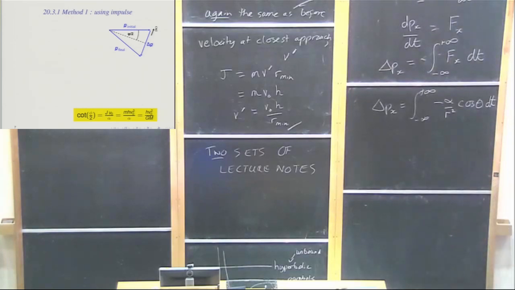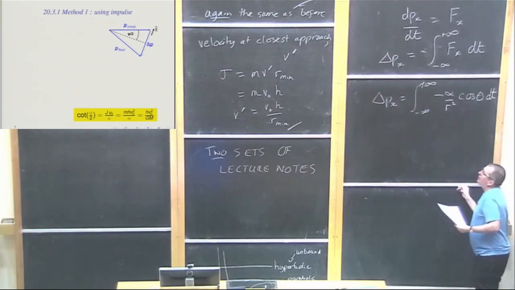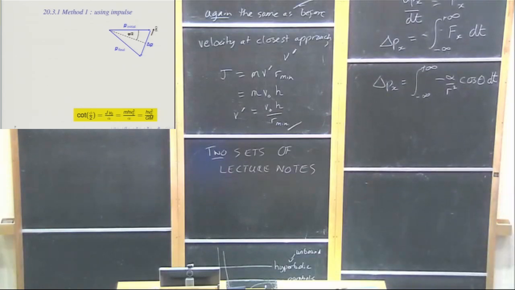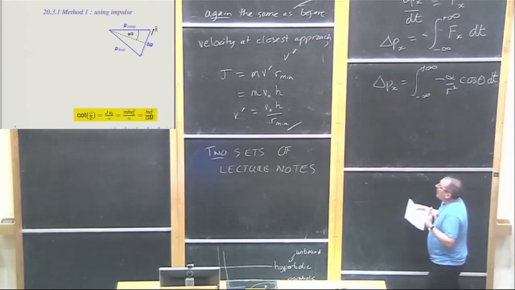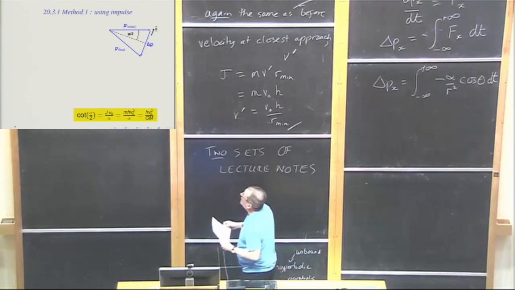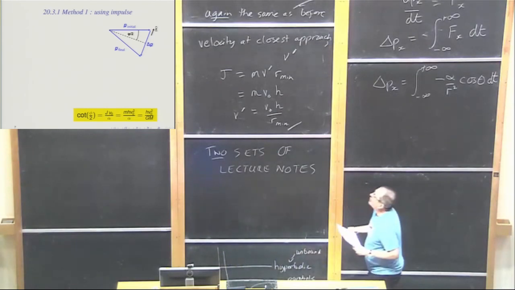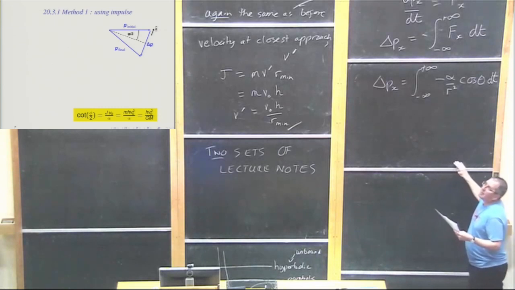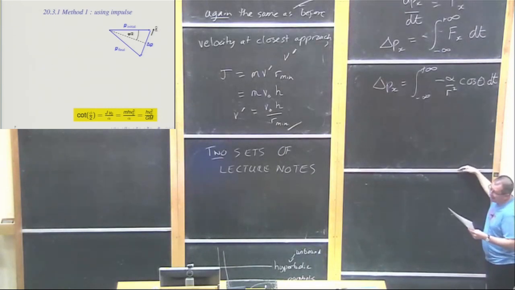Okay. So progress is being made, but what is not great is that this is an integral over dt, and we're really looking at things in a geometrical manner. So we would ideally want to make an integral which is over an angle. So can we relate time and angle?